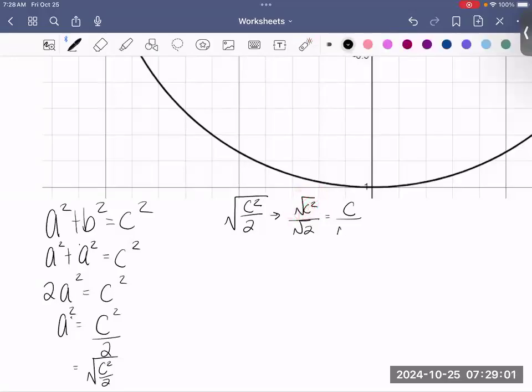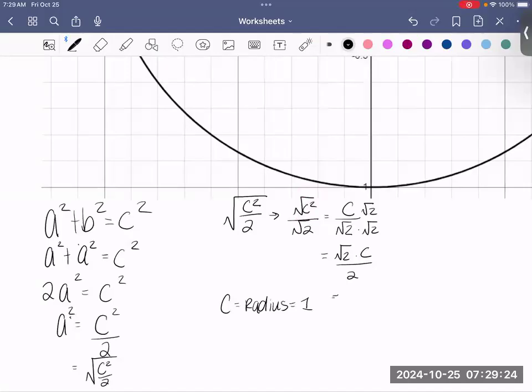But you still have the radical of 2, meaning that we want to rationalize, multiplying by itself. So we get the square root of 2 times c over 2. Now we said earlier that c was your radius, meaning that c is equal to 1. So we'll replace that c and we now have root 2 over 2, or 1 times root 2 over 2.